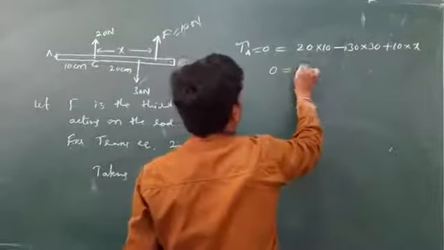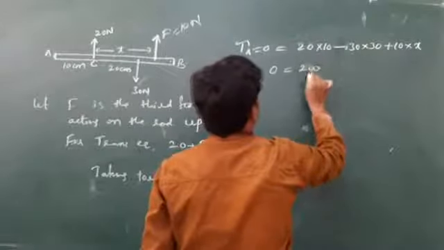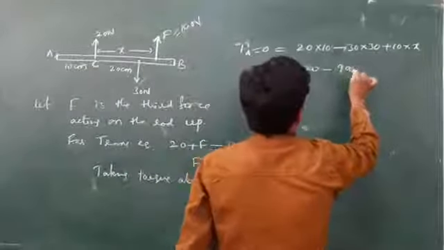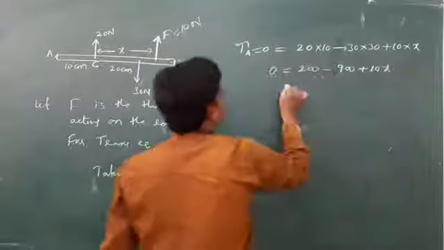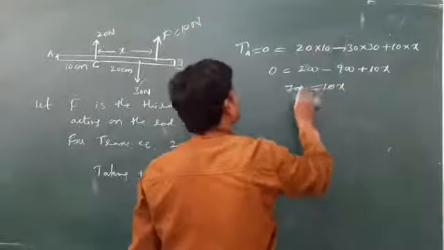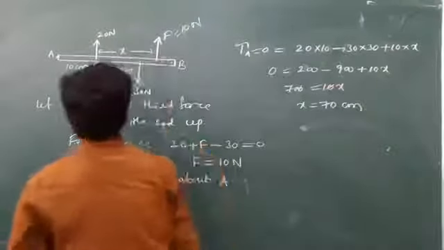Anyhow it is 0, so all zeros get cancelled. So 200 minus 900 plus 10x. This is 700 equals 10x. x is equal to 70 centimeter.